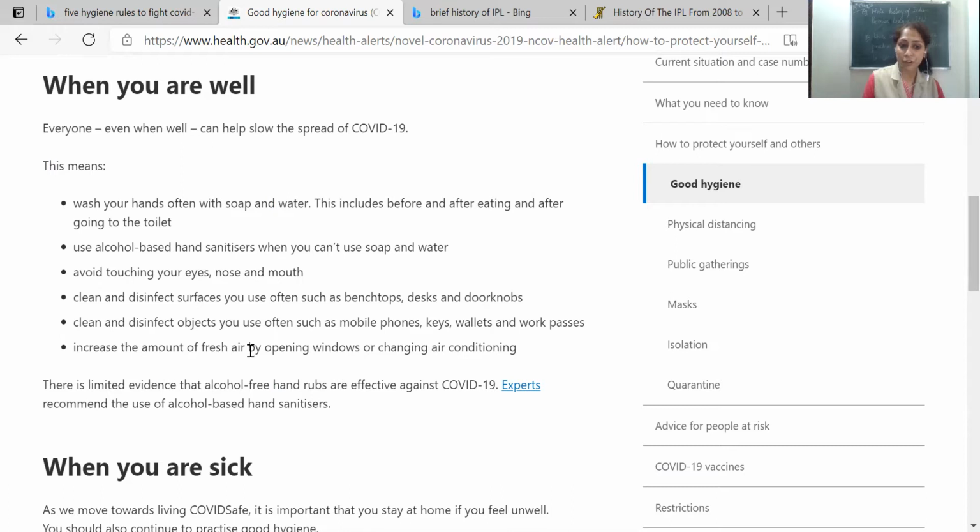Increase the amount of fresh air by opening windows or changing air conditioning. The ventilation at your home should be proper. Considering the importance of ventilation, in the morning the fresh light and the fresh air should come inside. It should be in the crossing mode.